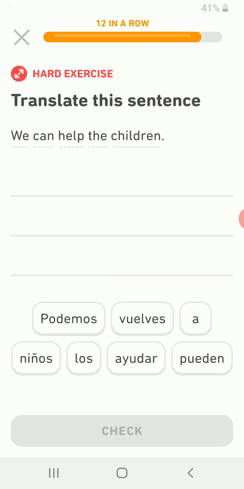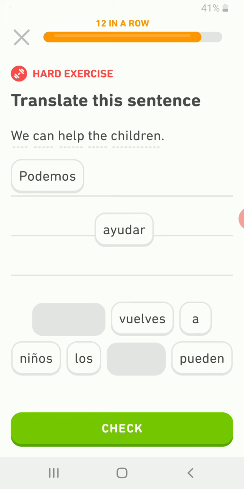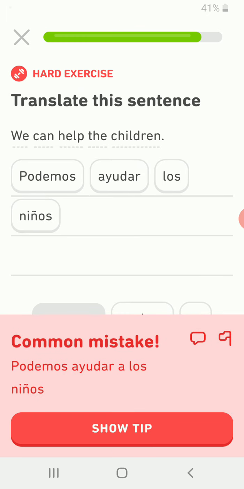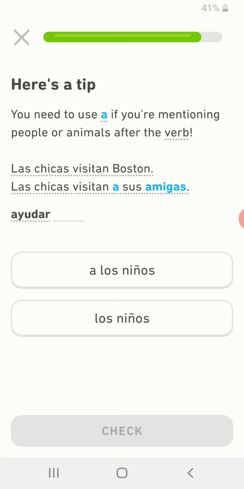And hard exercise, translate the sentence. We can help the children. Podemos ayudar a los niños. Okay, you need to use a if you're mentioning people after the verb. So las chicas visitan a sus amigas.